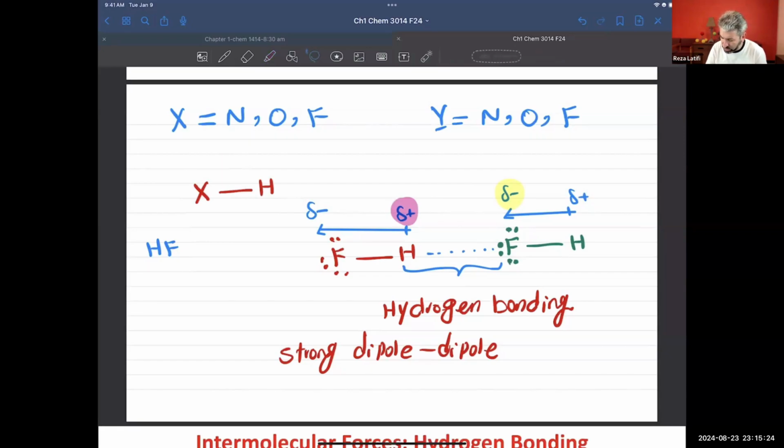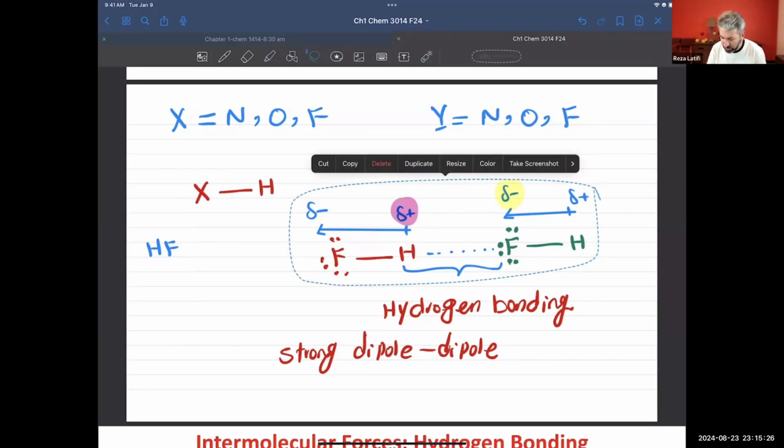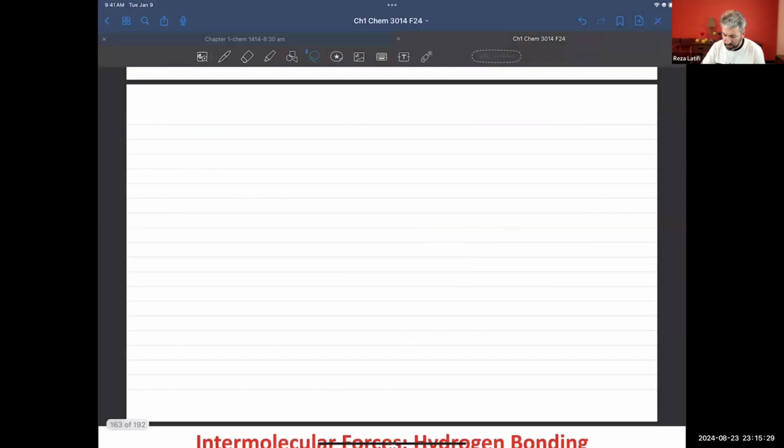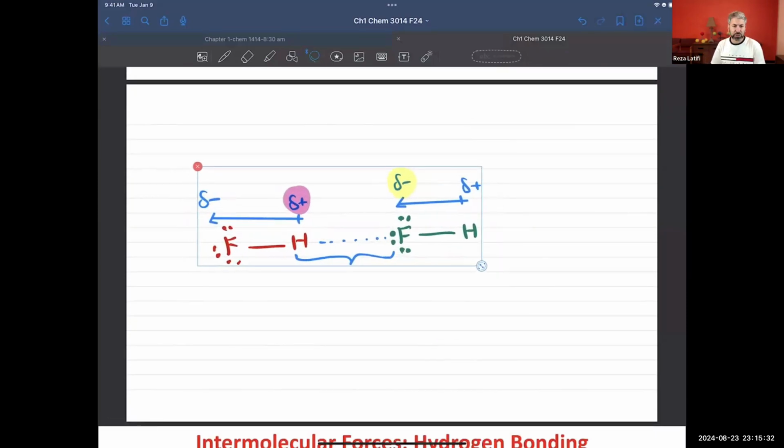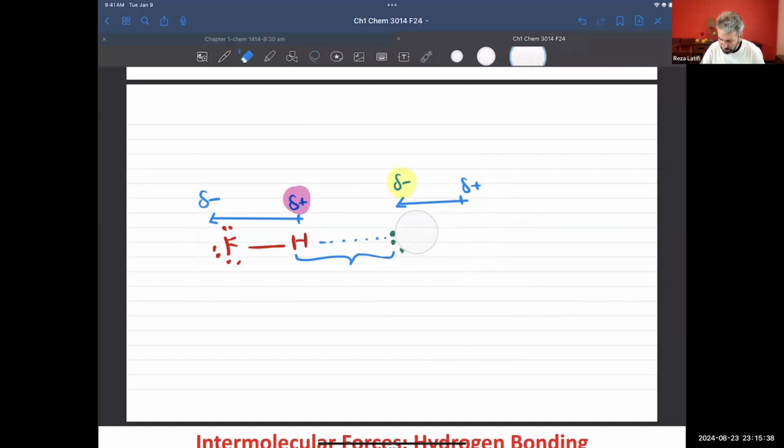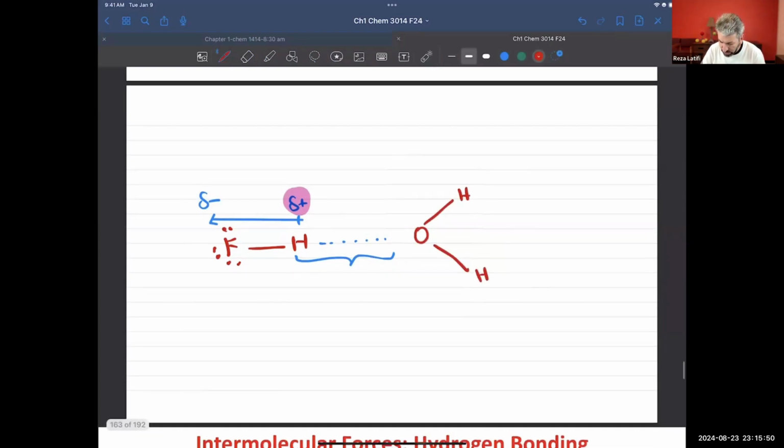You can change this, for example, instead of HF, I'm going to put water. Water has 2 hydrogens and 2 lone pairs on oxygen.